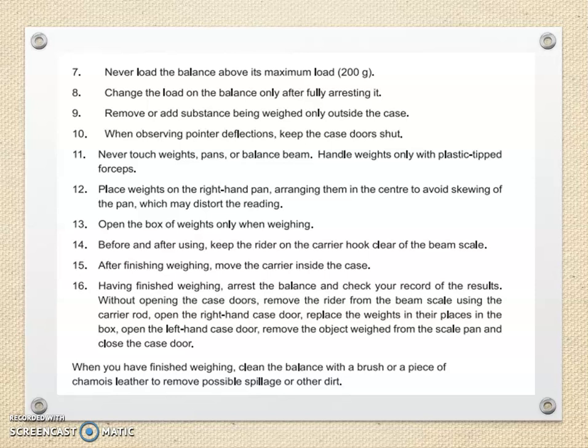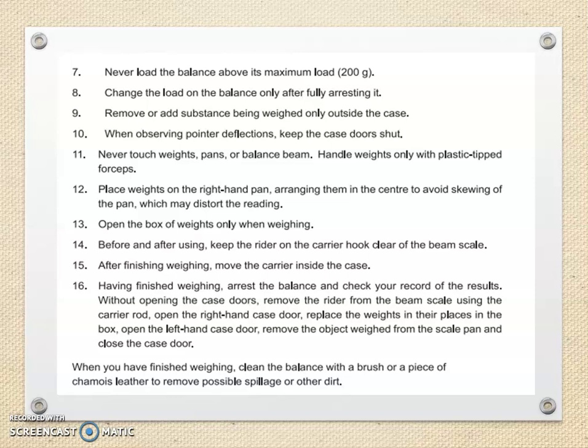Next rule, open the box of weights only when weighing. Next rule, before and after using, keep the rider on the carrier hook clear of the beam scale. Next rule, after finishing weighing, move the carrier inside the case. Last rule, having finished weighing, arrest the balance and check your record of the result.